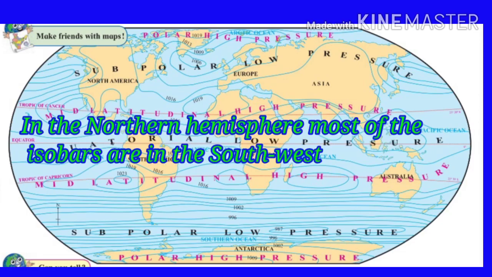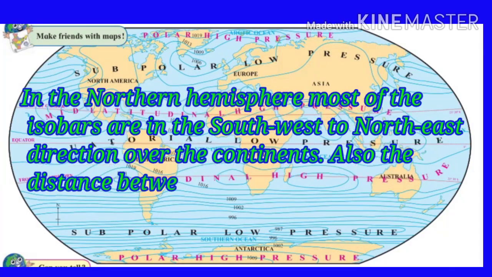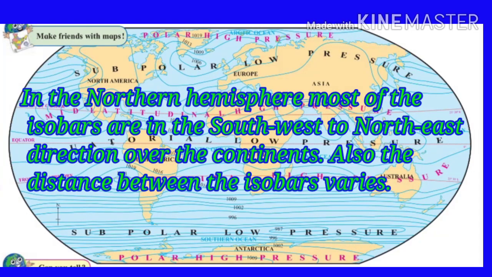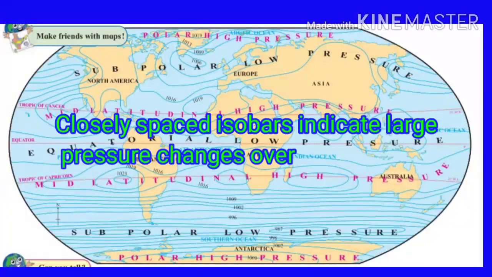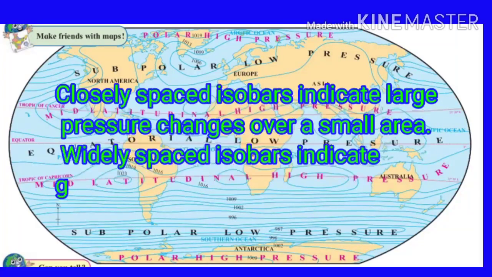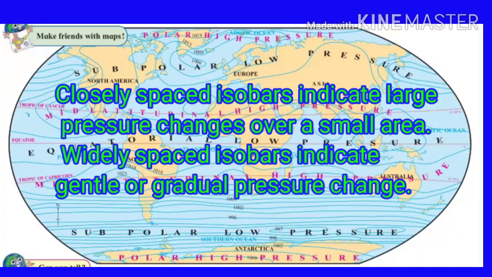In the northern hemisphere, most of the isobars are in the southwest to northeast direction over the continents. Also, the distance between the isobars varies. Closely spaced isobars indicate large pressure changes over a small area.